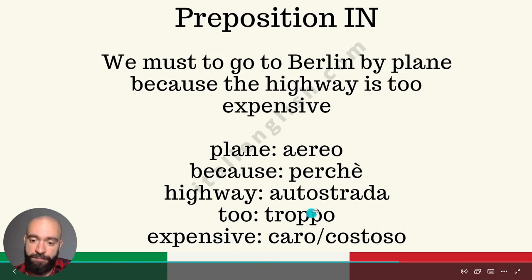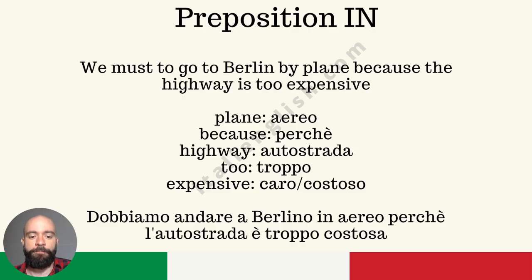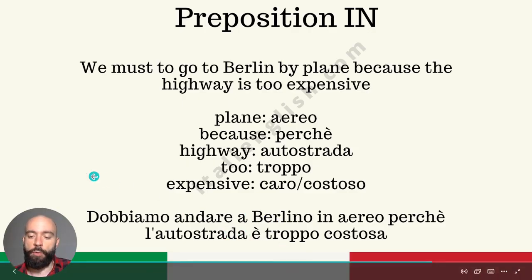So you have to be careful because you are working with autostrada, which is feminine. I should stop giving you hints. Anyways, I'm going to give you a minute or so, and then let's take a look at the translation, which is: dobbiamo andare a Berlino in aereo perché l'autostrada è troppo costosa.